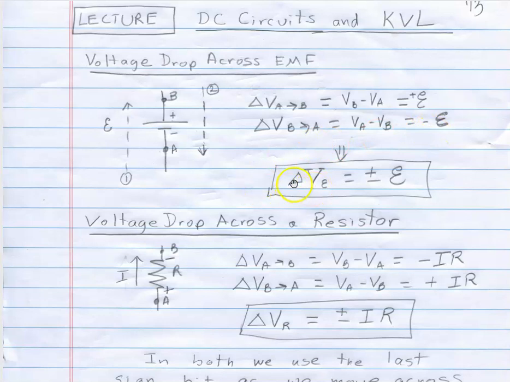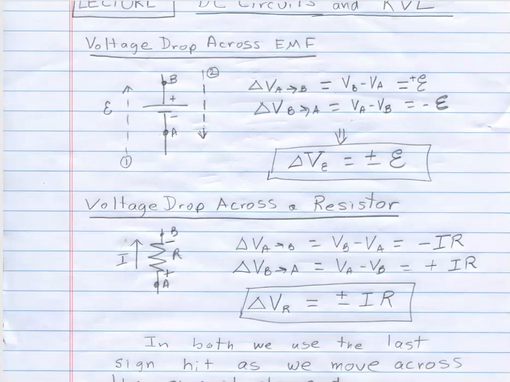So usually when I talk about going across an EMF, then I'll write it as delta V across it is plus or minus E, the EMF. And again, this would be usually 12 volts or 10 volts or some numerical value. And then I use plus or minus depending on which direction I'm going across it. And always use the rule, use the last sign that you hit.